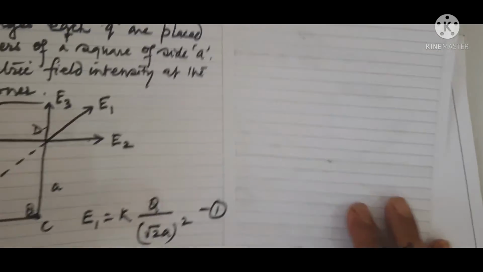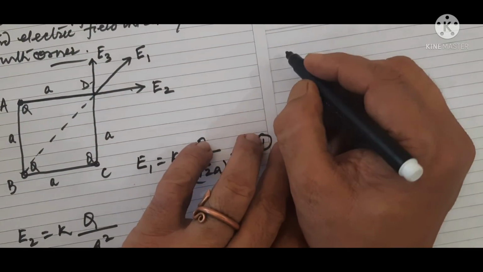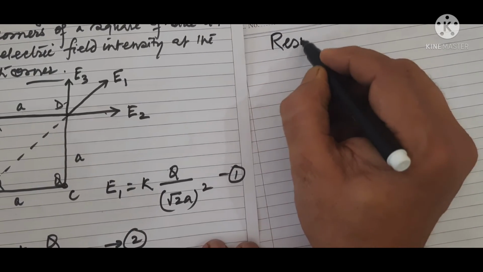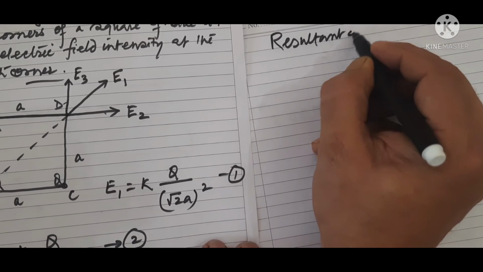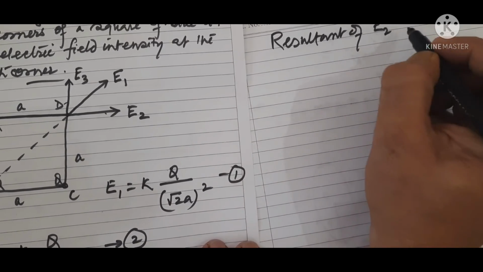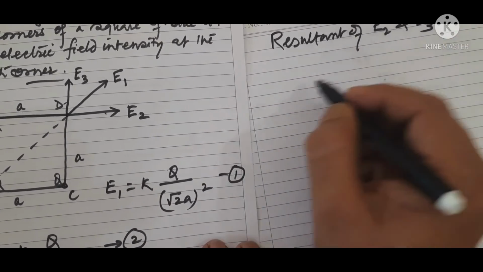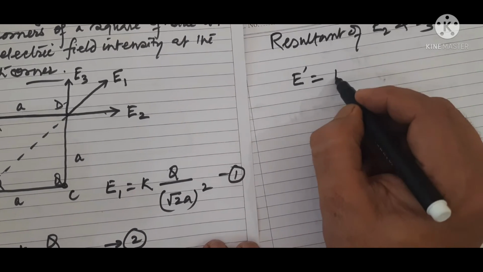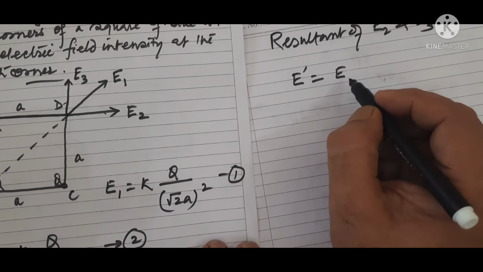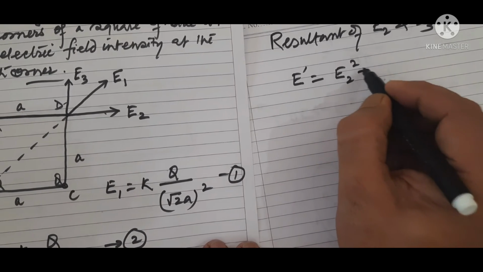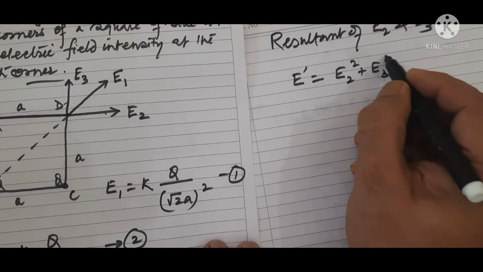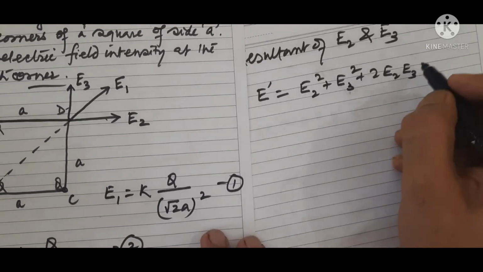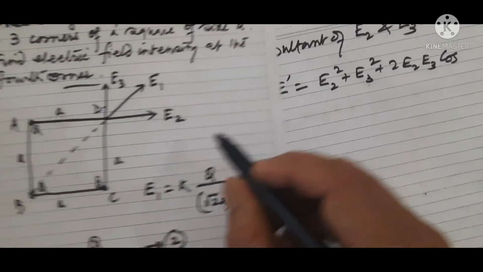Say I am writing E dash. By the parallelogram law of vector addition, E dash is the square root of E2 square plus E3 square plus 2 E2 E3 cos of the angle between them.